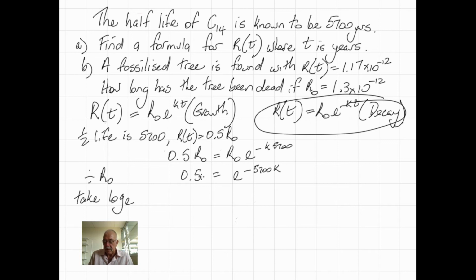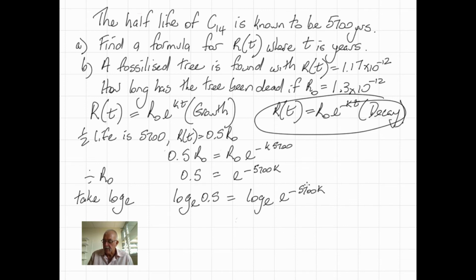So log to base e of both sides: log e of 0.5 equals log to base e of e to the minus 5,700 k. And bear in mind the equations are like sets of scales. Whatever you do to one side, you've got to do to the other side to make sure it balances.